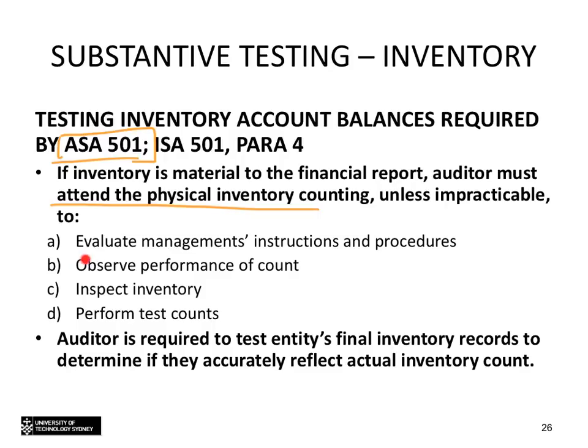The auditor will observe the client counting with the hope that with the auditor watching, the client staff will do their counting correctly. We'll look at inventory for anything that could be old, obsolete, damaged, and then we'll do test counts. So after the staff have done their counting, I will select some and reperform what they've done, to make sure it's been done correctly.